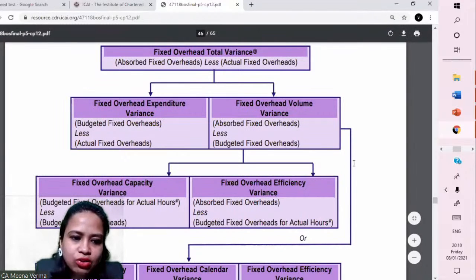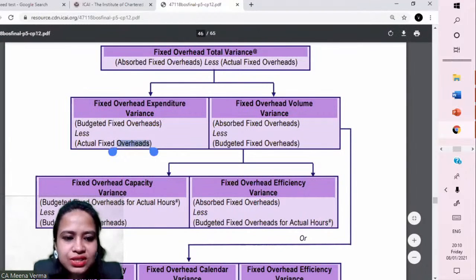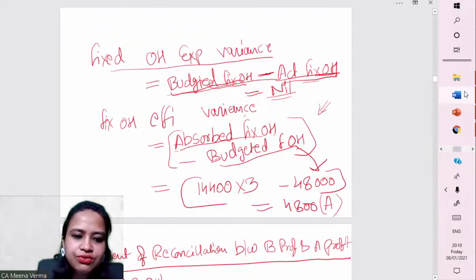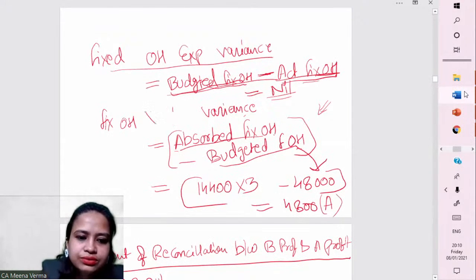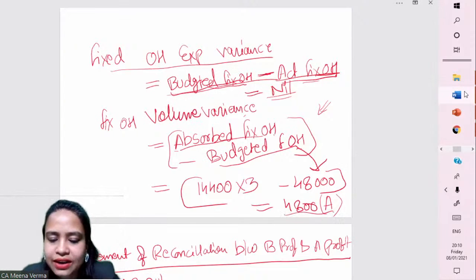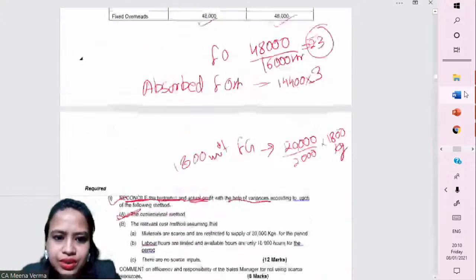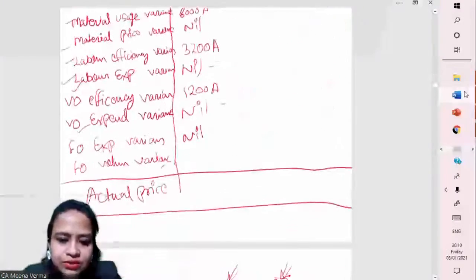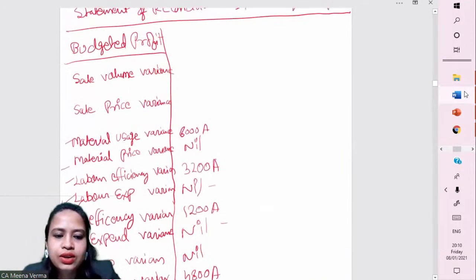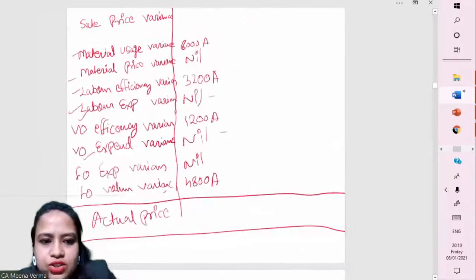That is why we have calculated the fixed overhead expenditure variance as nil, and the fixed overhead volume variance is what we have calculated, which is 4800 adverse. Okay, I hope it is all clear to all of you.